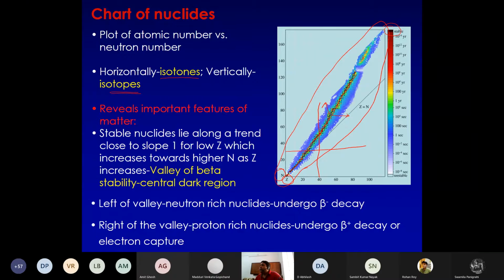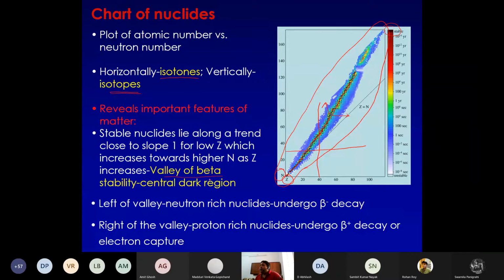So stable nuclides plot along the central region occupied by the nuclides, and this central region is called the valley of beta stability. I will explain why it is called that.